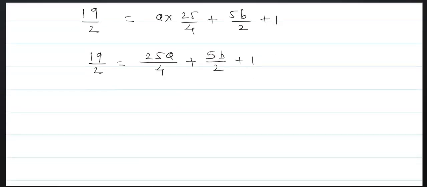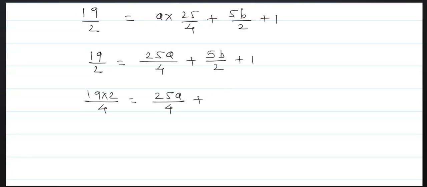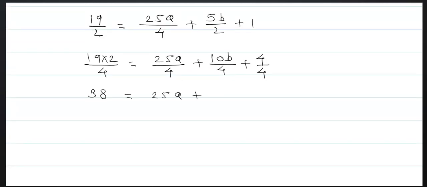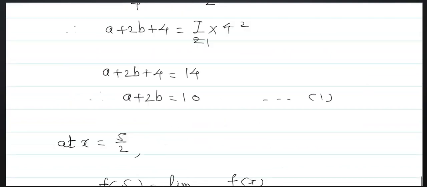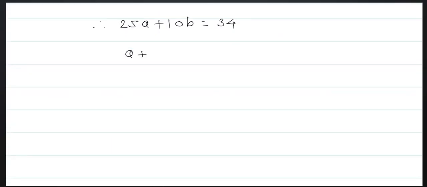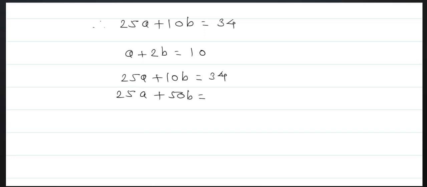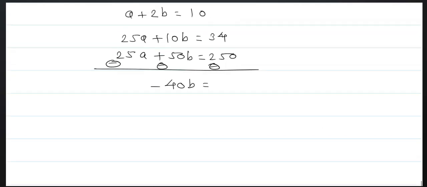After substituting the values, that is 25a plus 10b equals 34. Therefore, a plus 2b equals 10 and the next equation is 25a plus 10b equals 34. Now solve these two equations.